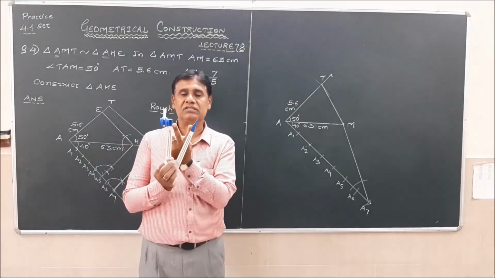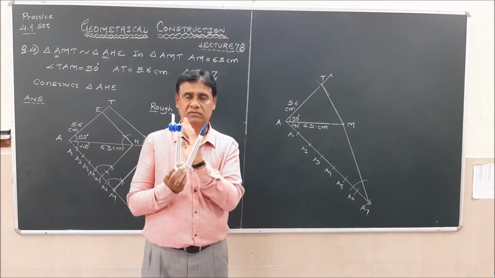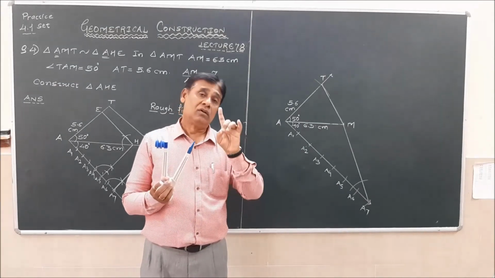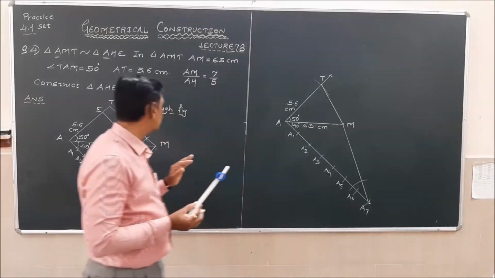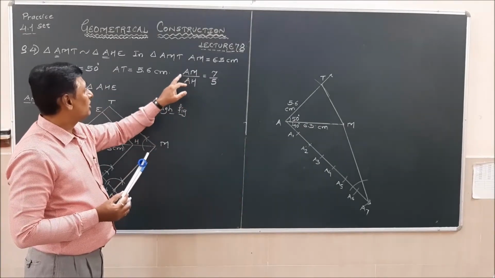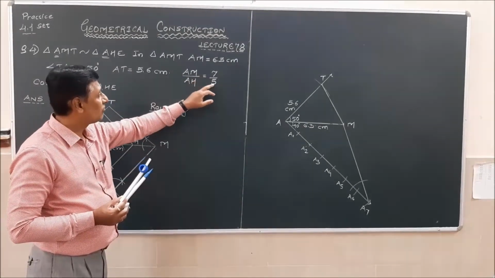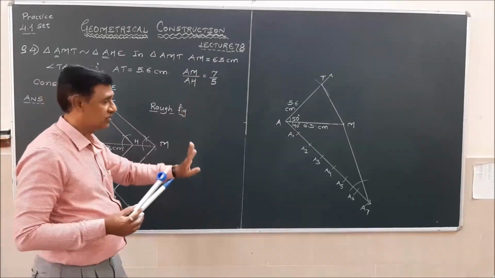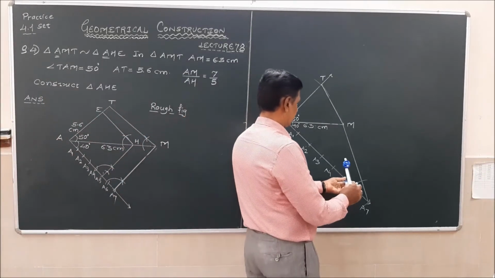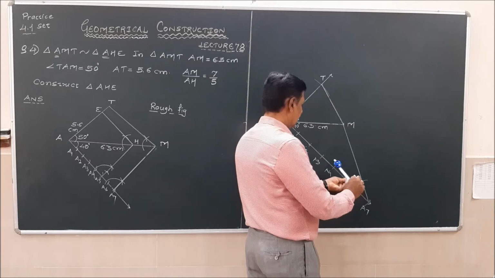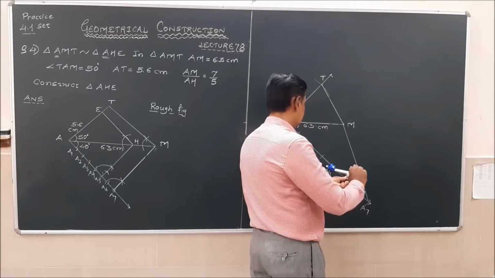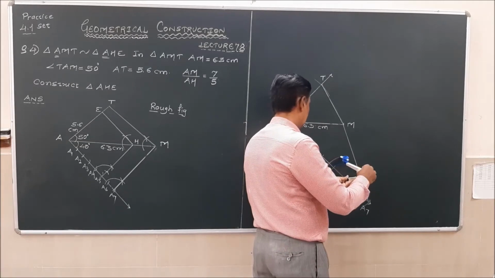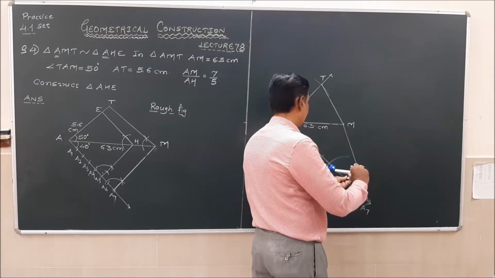Don't change the distance between these two arcs. Now from where will we draw an arc? From A5. Why A5? AM to AH is 7 to 5, so this 5 is important for us. Same arc you have to draw here, students, from A5.